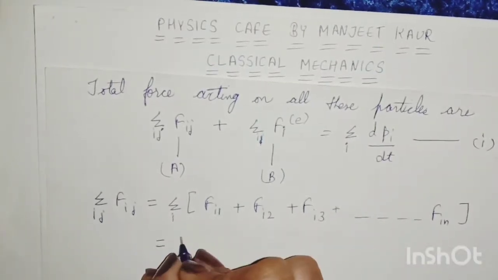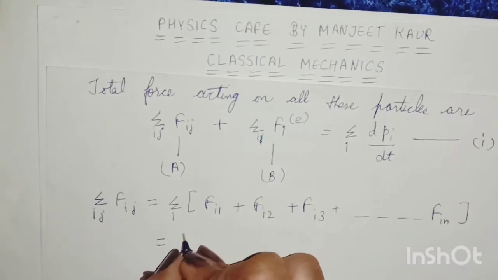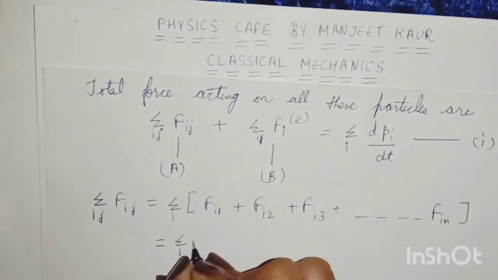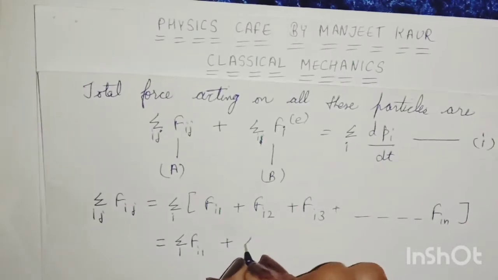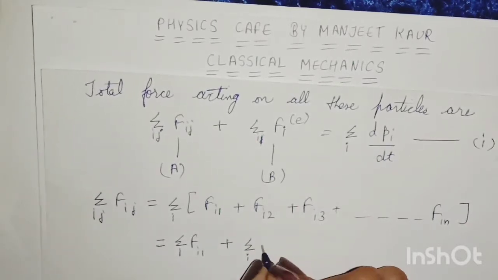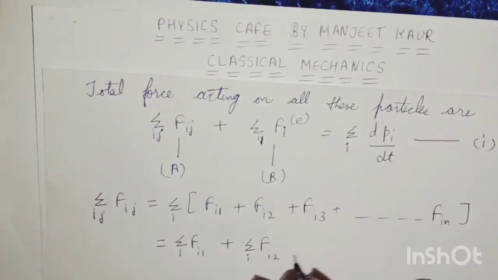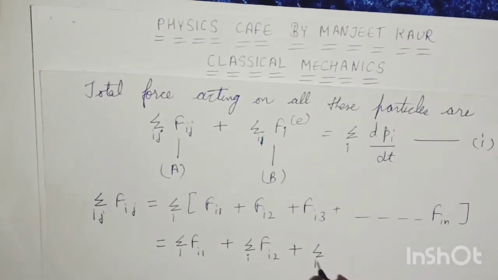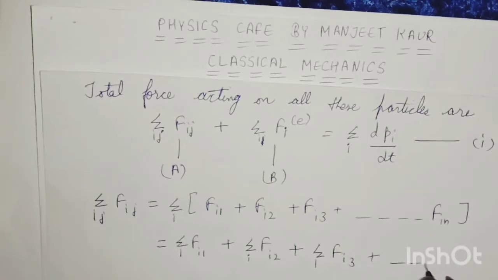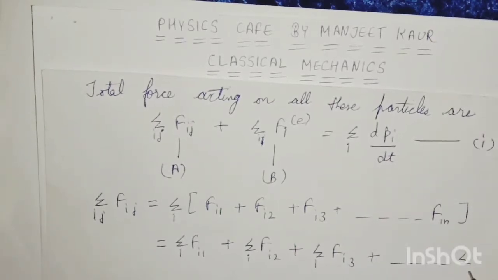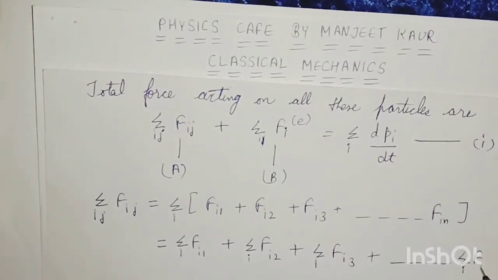Now we open this bracket, so we can write summation over i of Fi1 plus summation over i of Fi2 plus summation over i of Fi3 and so on up to summation over i of Fin.